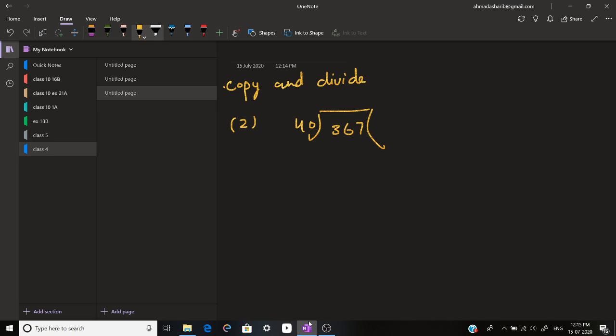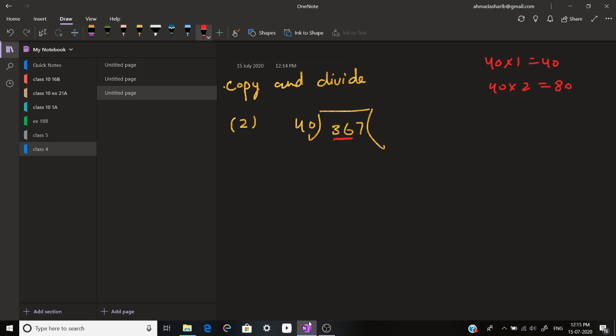Okay students, so now as you can see 40 ones are 40 and 40 twos are 80. So 80 is more than 63. That is why we will read the table of 40 so that we can reach at least till 367.